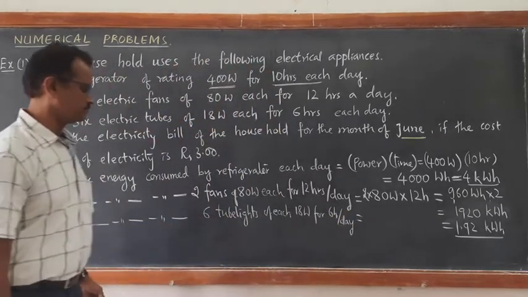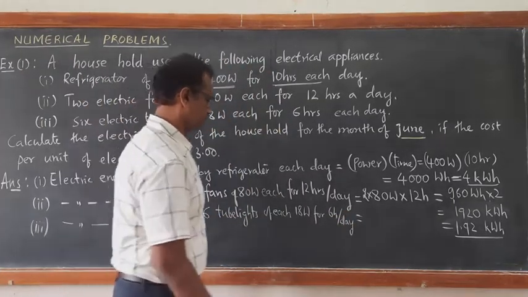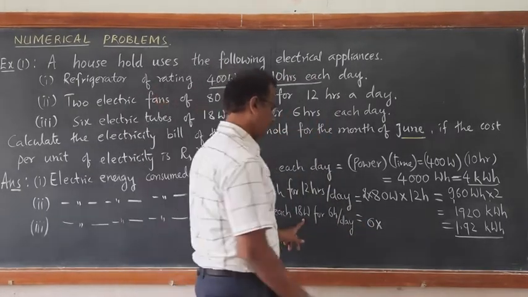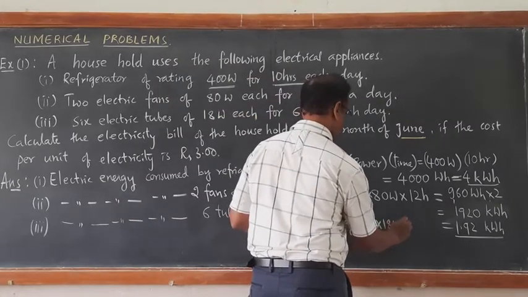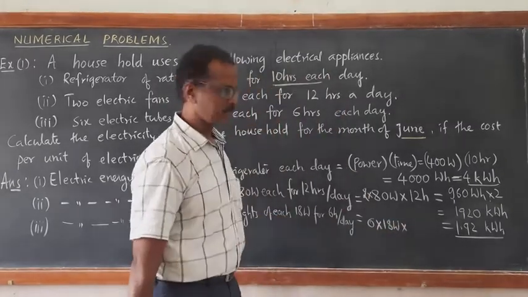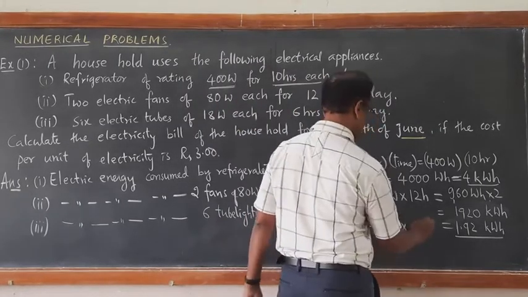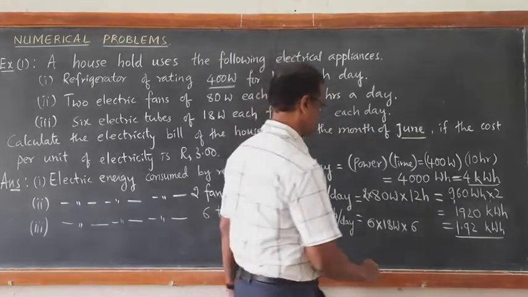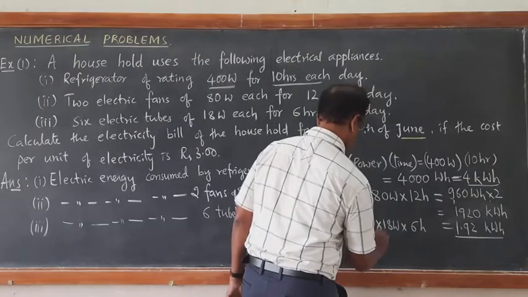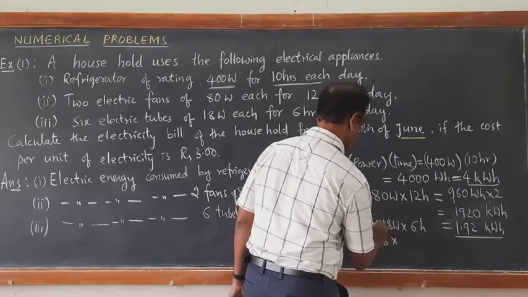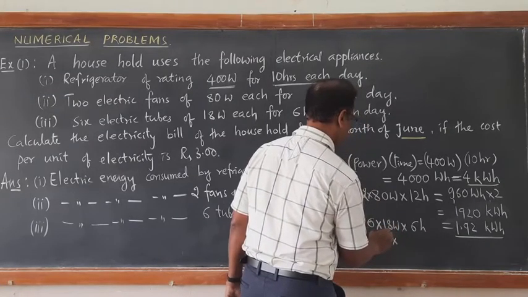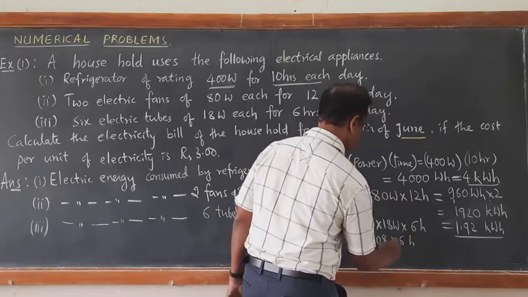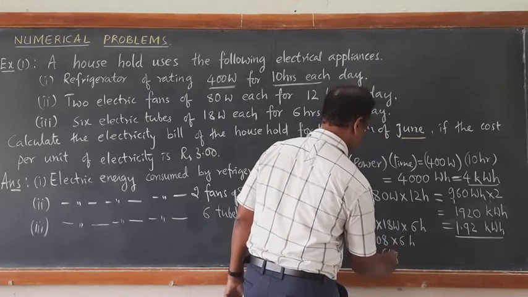So just multiply that 6 times. 6 tube lights, 18 watts, for 6 hours. So 18 6s are 108. 108 into 6 hours. 8 6s are 48. 6 over 6.